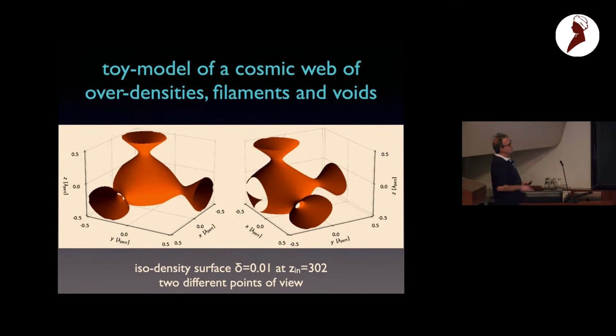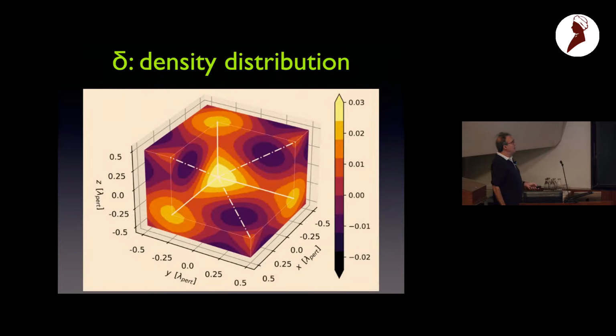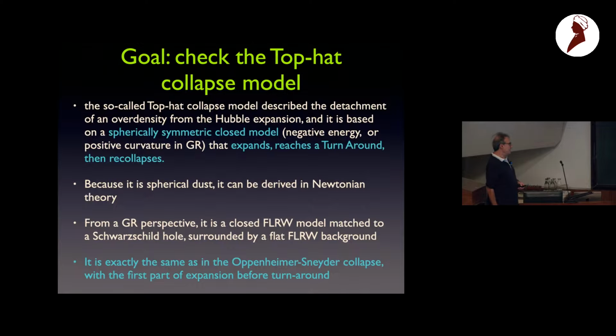And this is just a plot similar to the one before, but plotting for delta at 0, 0, 1, just to give you the idea of the isodensity surfaces: an overdensity surrounded by filaments and surrounded by voids, okay? So that's a different plot of the density distribution. Okay, so our goal here was very simple, in a sense.